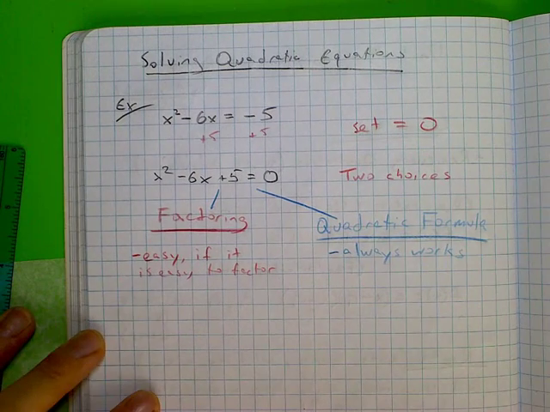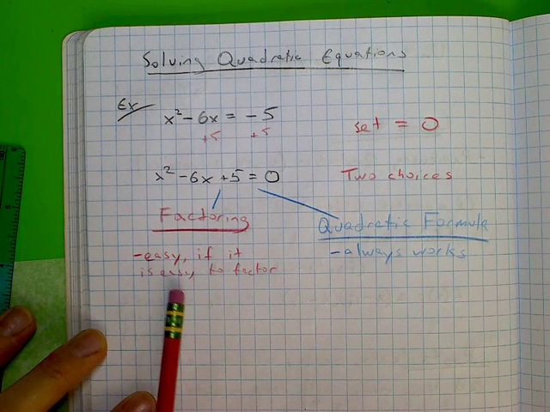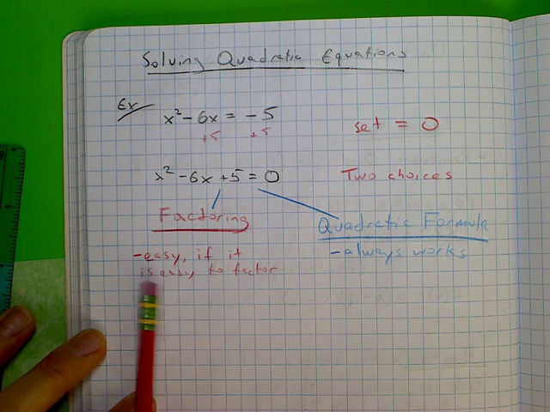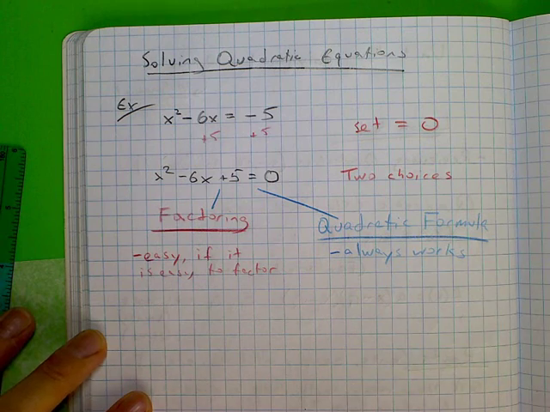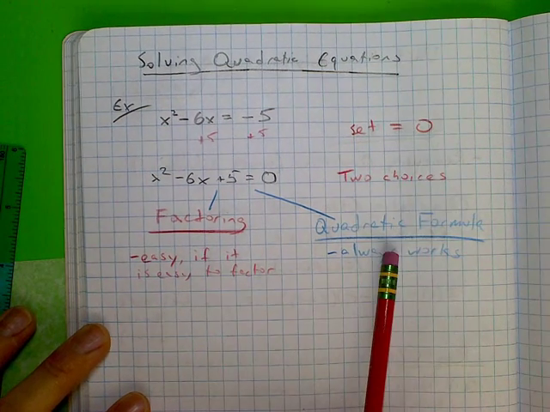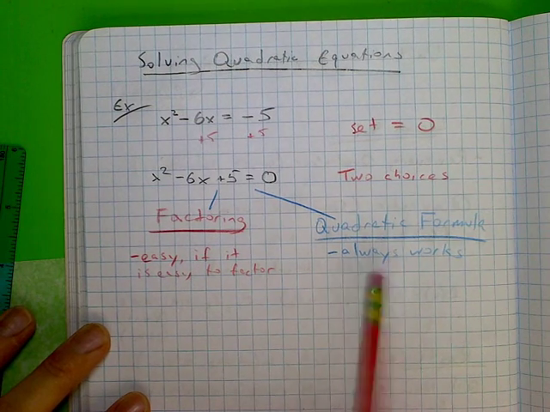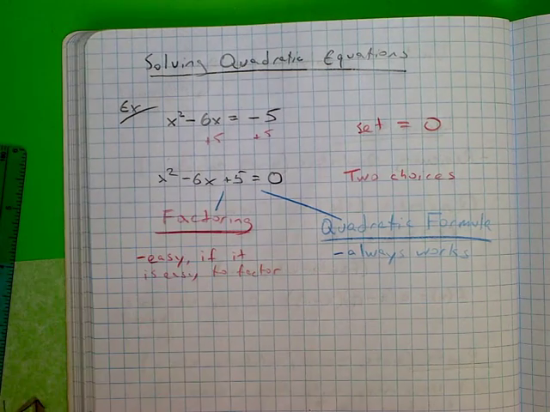So, which one's easier? Well, sometimes factoring is hard, right? Sometimes factoring is easy. So, if factoring is easy, then the factoring method is a good idea. If factoring is hard, save yourself the trouble and use the quadratic formula because you know it's going to work. Okay? Now, this one is pretty easy to factor.